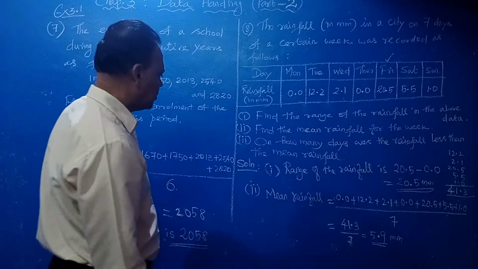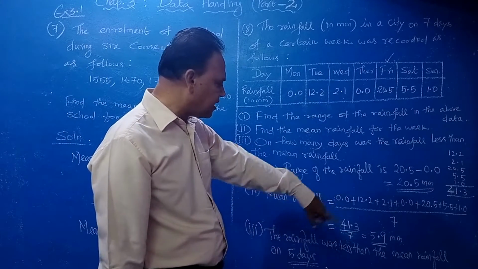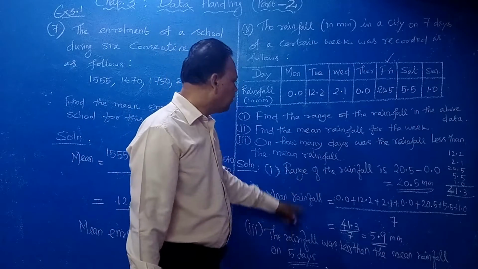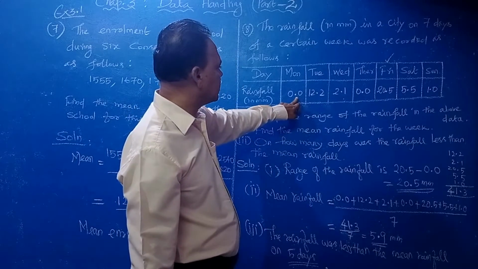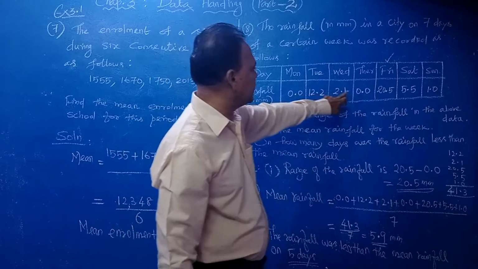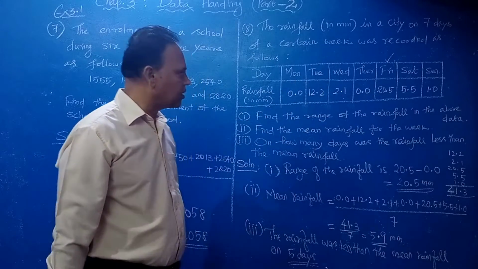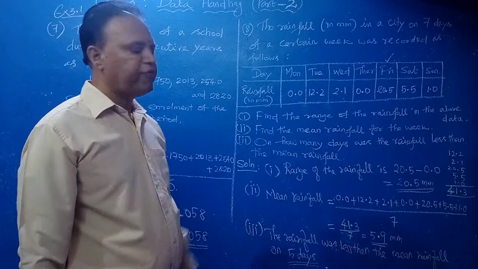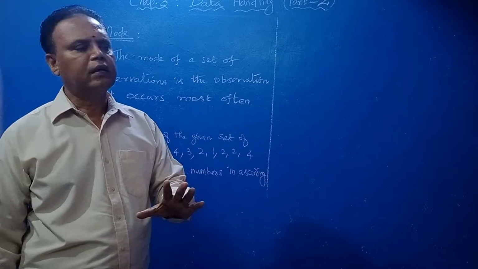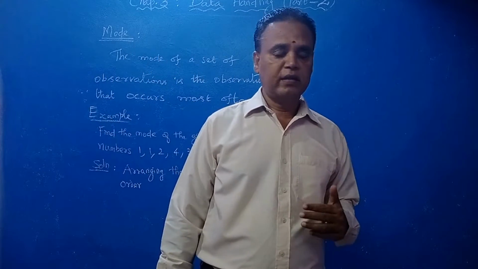Therefore, the rainfall was less than the mean rainfall on 5 days. More than 5.9, only 2 days there, here and here. So all other days less than 5.9. Therefore, 5 days total.